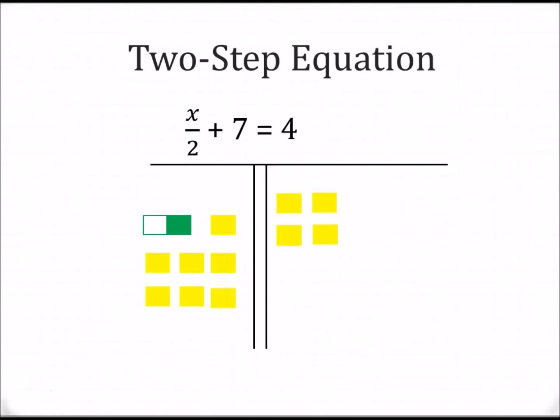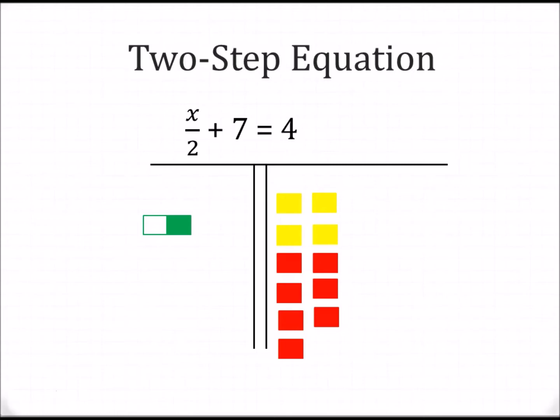Next example is I have x divided by 2 plus 7 is equal to 4. Step number 1 is to bring the number to the other side of the equal sign. So we're going to bring the positive 7 over to the other side. And once they cross over the equal sign, they're going to change sign from positive to negative. And the next step is zeroing out.